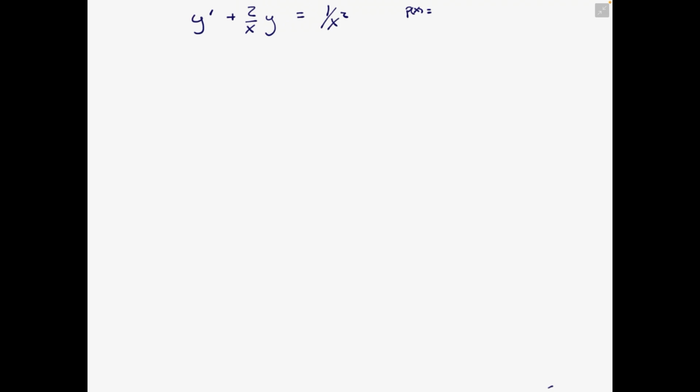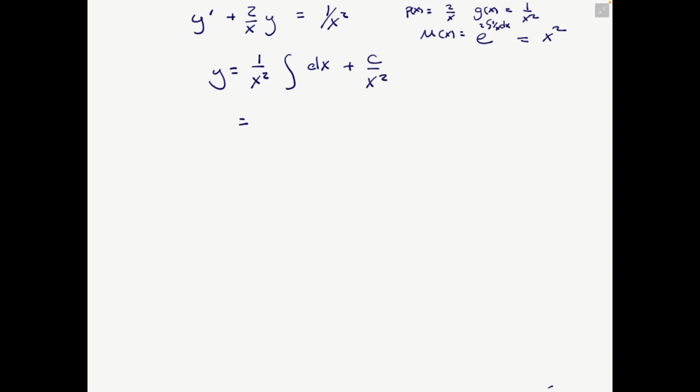So here we got p of x, 2 on x, g of x equals 1 on x squared, and mu of x is equal to x squared, so y equals 1 on x squared times the integral dx plus c on x squared, and that's equal to 1 on x plus c on x squared.